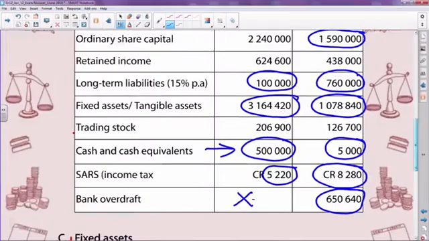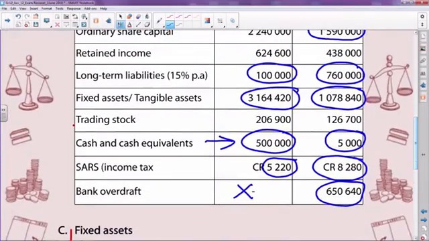Don't just assume that if I'm looking at cash and cash equivalents, that it's only one figure. Always remember, look at the combination. Look for the bank overdraft. If there's no bank overdraft, hunky-dory, no problem whatsoever. But the moment there is, you want to reflect the net figure of the cash and cash equivalents as well as your bank overdraft. Okay, guys?